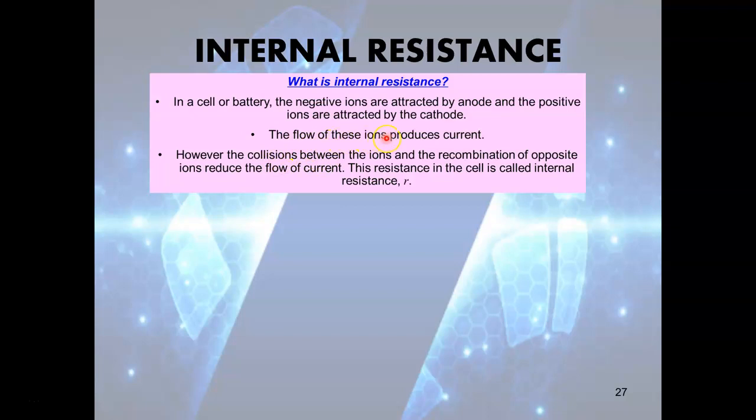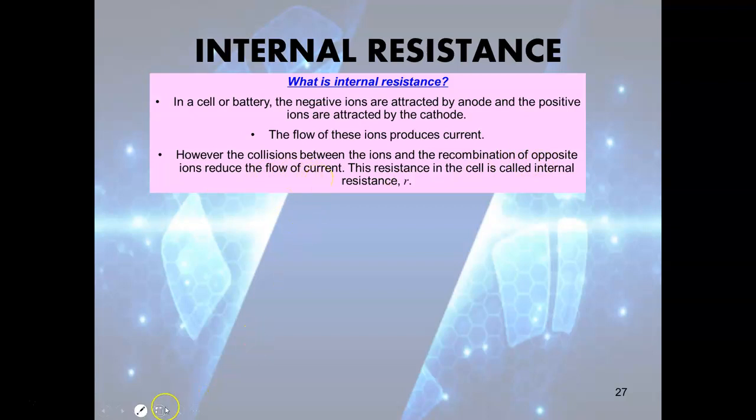The flow of these ions will produce a current, of course, because the ions move from one point to another with energy. However, the collisions between the ions and the recombination of opposite ions will reduce the flow of the current.